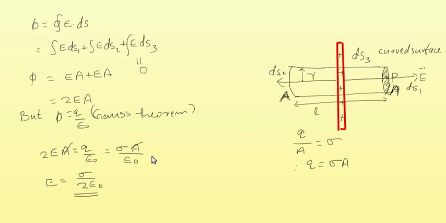And one of the important points is, you can see that this electric field does not depend on the distance from this plane sheet of charge. Why? Because there is no term that contains this L or the distance from the plane sheet. And you can also see that sigma by 2 epsilon 0 is the electric field at the point P, and because of symmetry the same field will be present on the other side also.